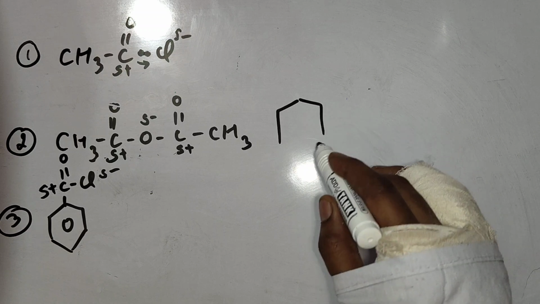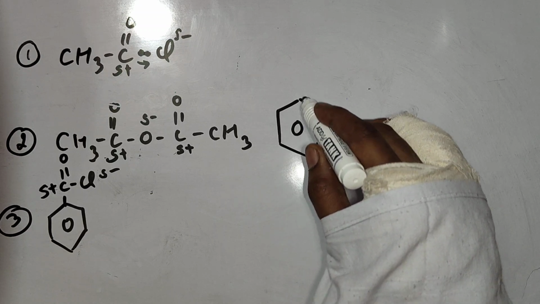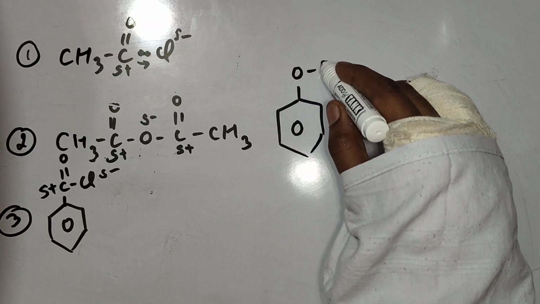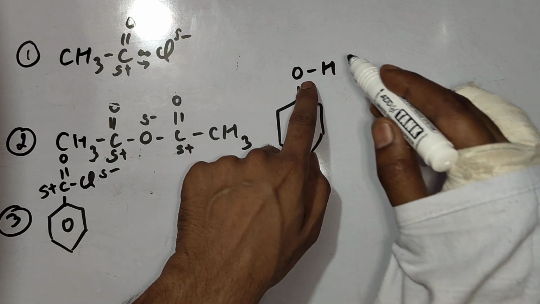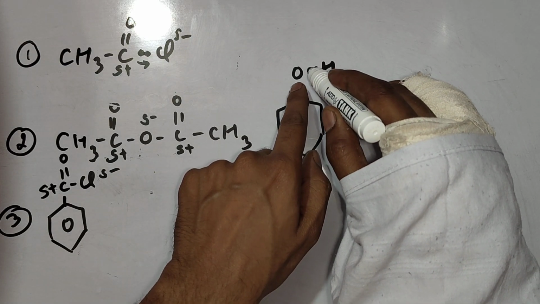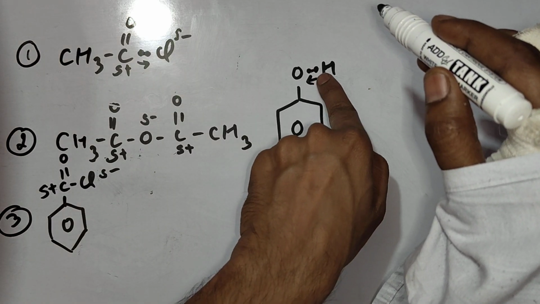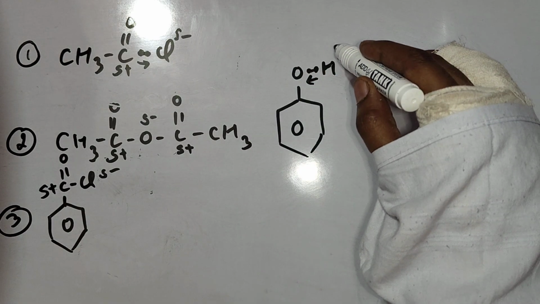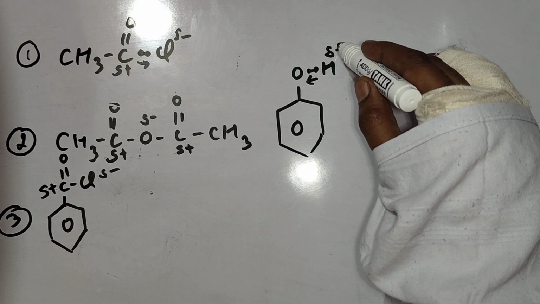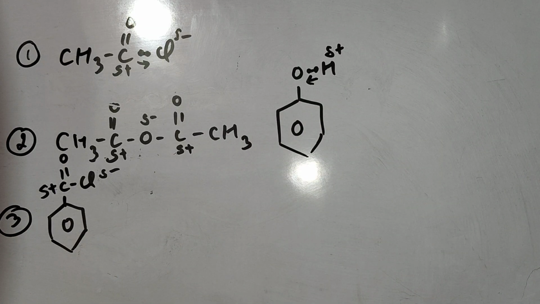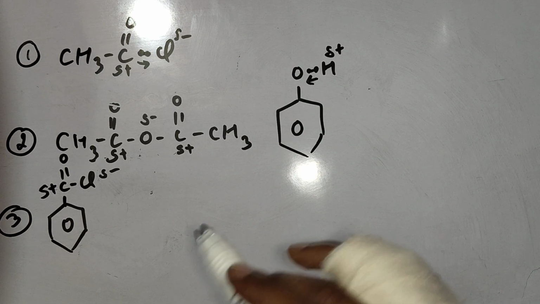Now in phenol, this is phenol. As you know, oxygen is more electronegative than hydrogen, so electrons are shifted toward oxygen. As one electron of hydrogen is going toward oxygen, hydrogen will carry a partial positive charge, because complete shift is not there, partial shift is there.